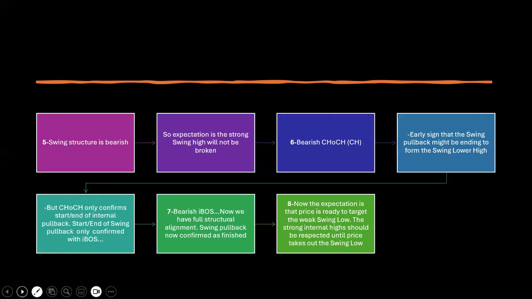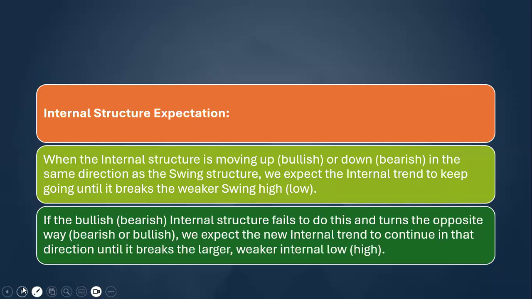Right. I think we have come to the end of our lesson right here. Oh, sorry. So I think this is the last slide. Internal structure expectation. So when the internal structure is moving up, which is bullish, or down, which is bearish, in the same direction as the swing structure, we expect the internal trend to keep going until it breaks the weaker swing high.